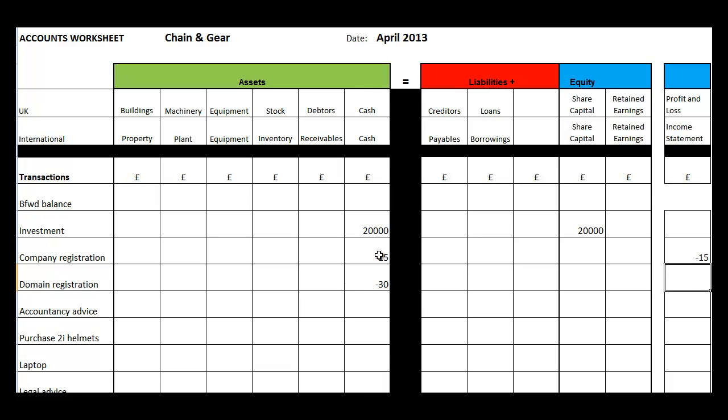Again, this is a cost or expense in the month of April. We also received some accountancy advice for £300. Again, this is paid for direct from the bank, and we record this as a cost in the month.